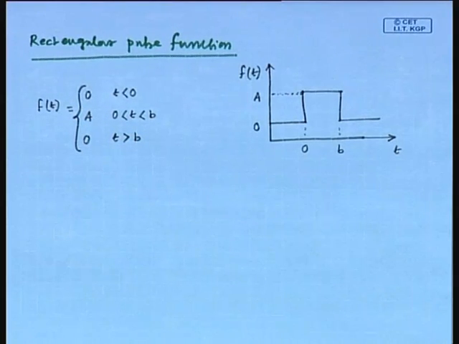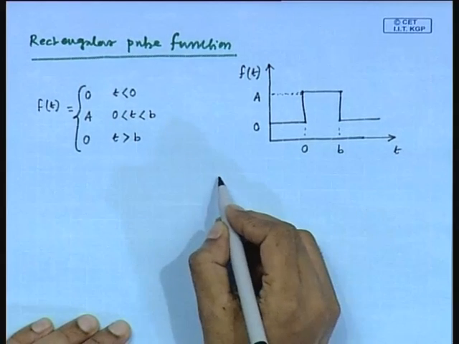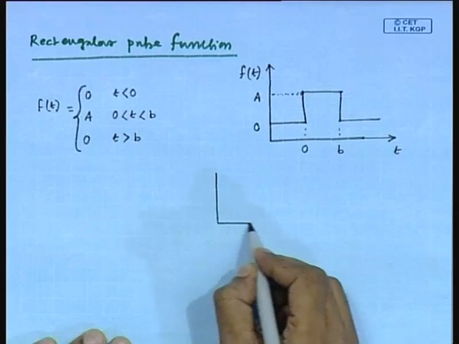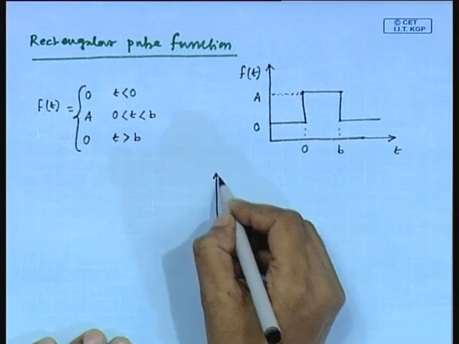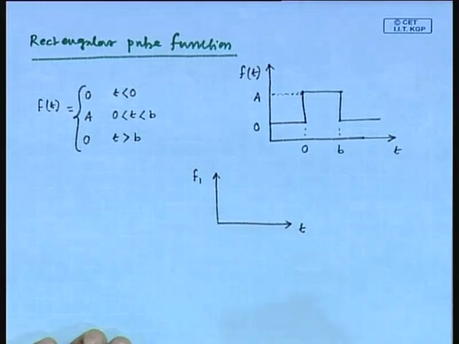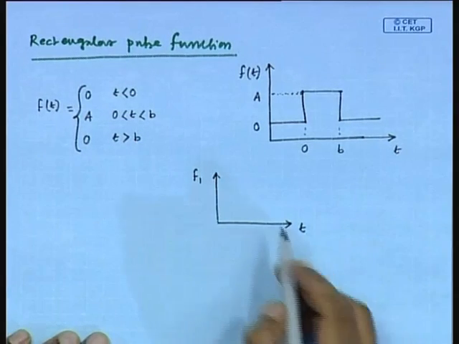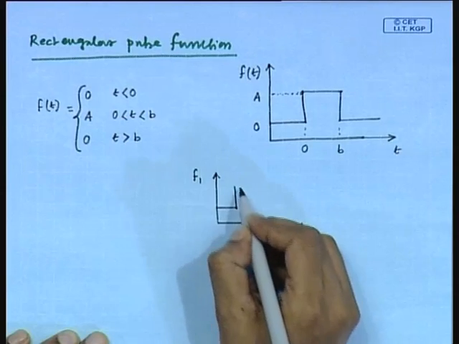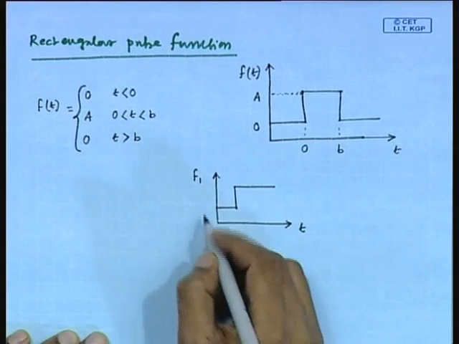This pulse function is basically the combination of two input functions. So, what are these two input functions? If we consider one function is f1 and another one is f2, then the graphical representation of f1 is like this.